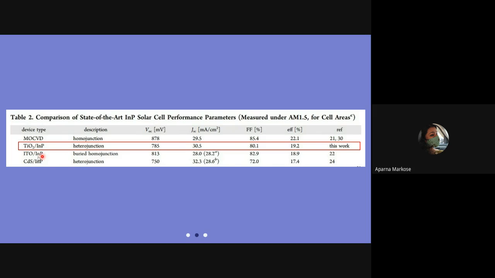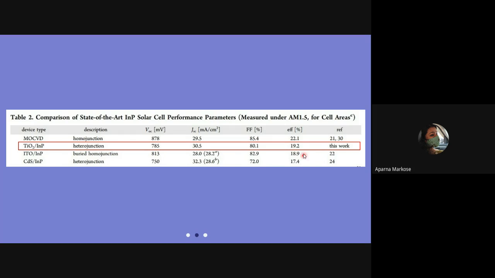So this is another one, a buried homojunction. In this case also indium phosphide is working as both n type and p type. But it is inside, so you cannot find a specific edge point or a junction here. It will be all over, maybe n type and p type.